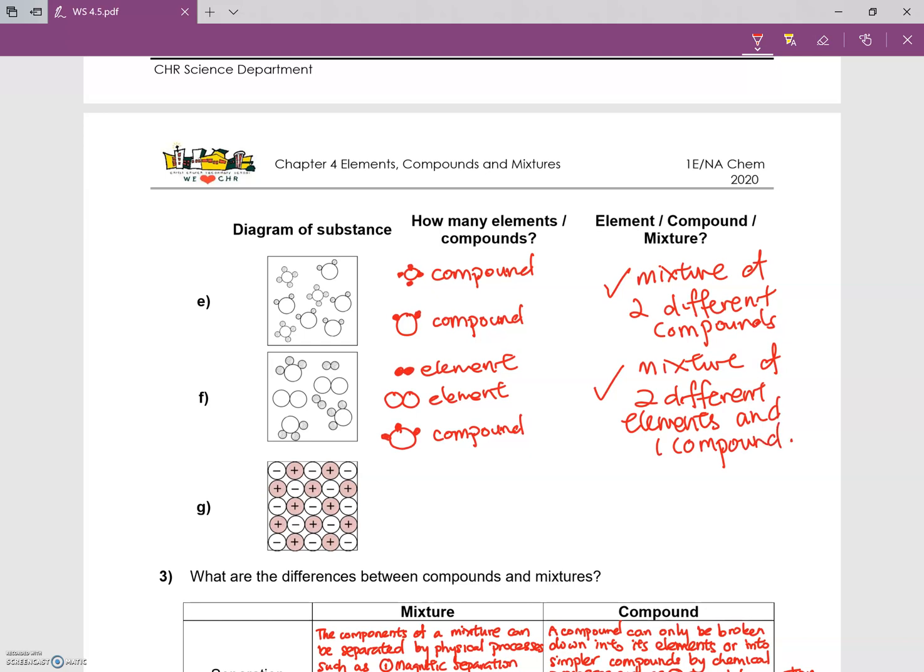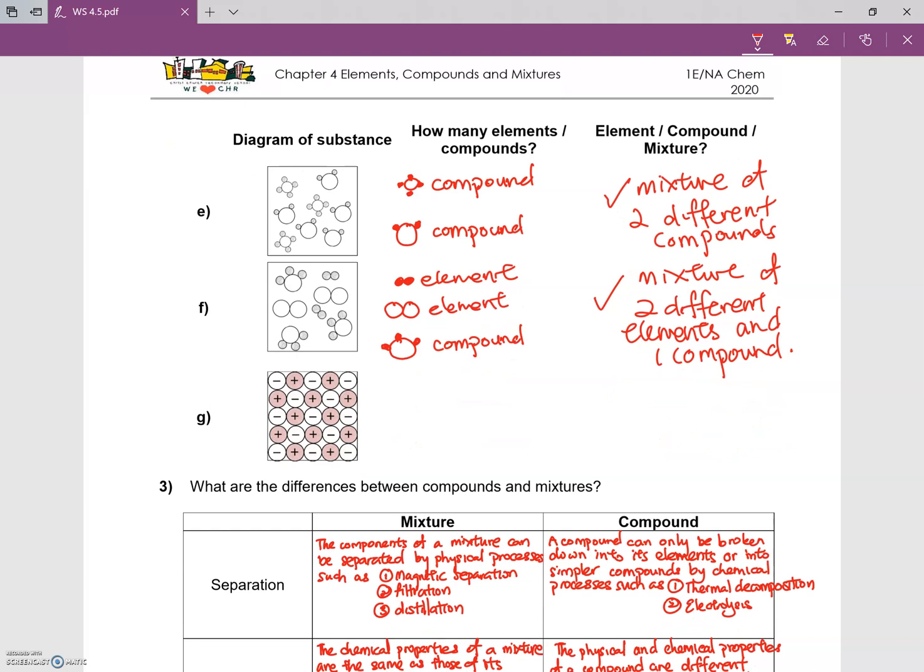Last one we're going to look at is G. G is an interesting one. Remember in the previous worksheet we mentioned that whenever you see plus and minus, we know these are made of ions. This ion thing is actually a compound, and we're going to cover it a little more later on. So this is made of one compound consisting of two different types of ions.